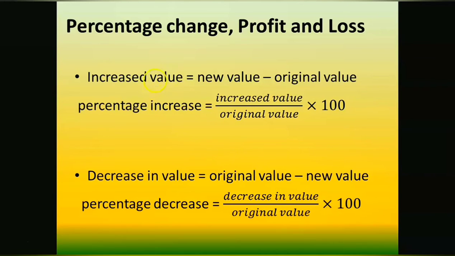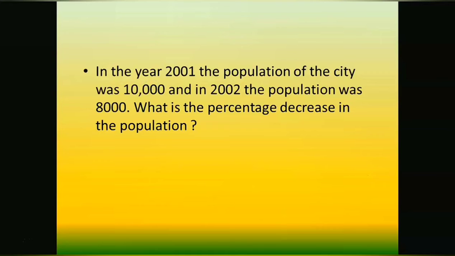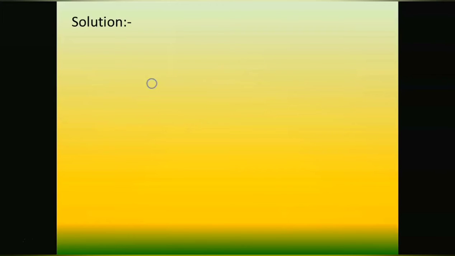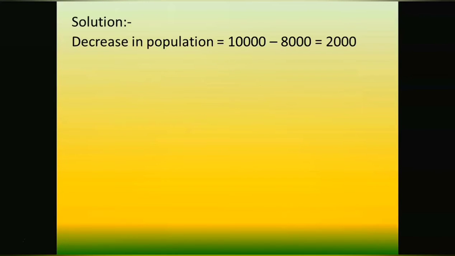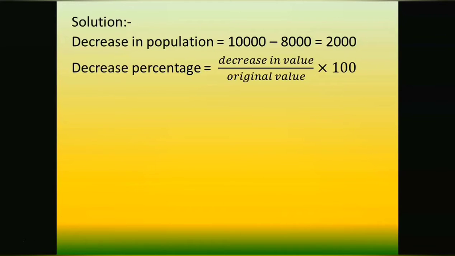Let us see one example based on this. In the year 2001, the population of the city was 10,000, and in 2002, the population was 8,000. What is the percentage decrease in the population? So first, let us write whatever is given. Decrease in population is 10,000 minus 8,000, which is 2,000, and we are asked to find the decrease percentage.